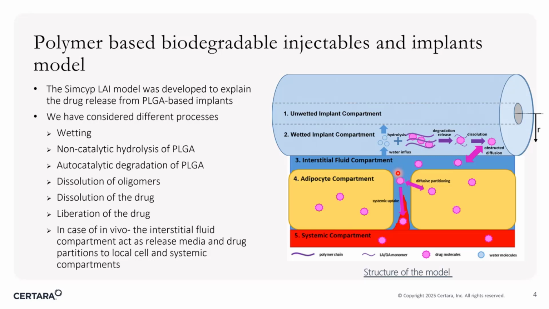If the partition coefficient is high for adipocyte compartment, there is a possibility of local depot formation in the adipocyte compartment and slow release from this adipocyte compartment back into the interstitial fluid. Also, there is a connection between interstitial fluid compartment and the systemic circulation. So this we handle using diffusion. We need additional parameters like partition coefficients and diffusion coefficient values in order to parameterize the in vivo model.